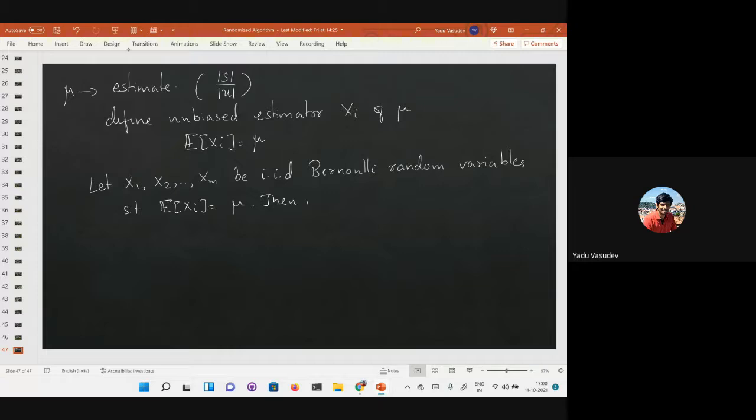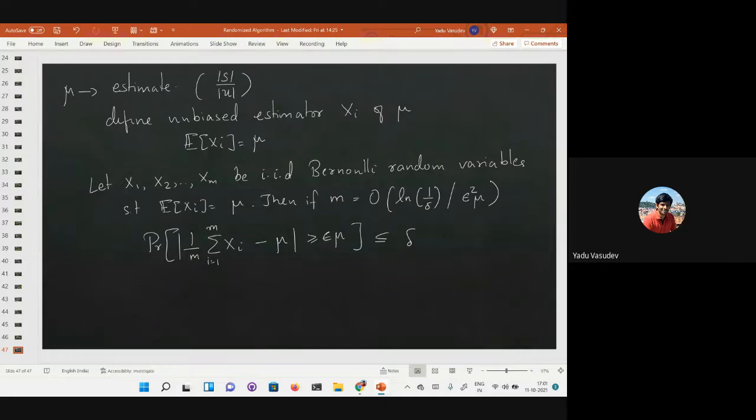Then if m is of the form order ln 1 over delta divided by epsilon square mu, then the probability that the mean of the summation of xi is far away from the expectation by more than epsilon mu is less than delta.